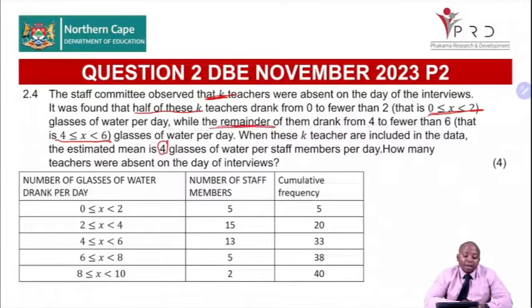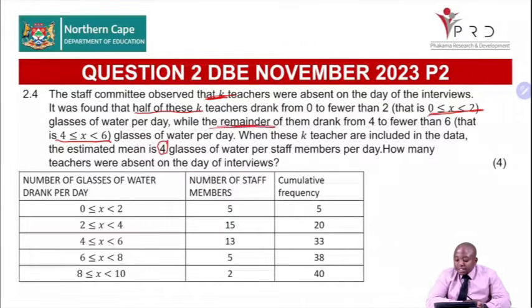Let us go back again. The staff committee observed that K teachers were absent on the day of the interviews. It is found that half of these K teachers drank from 0 to fewer than 2, that is 0 less than or equal to x less than 2 glasses of water per day, while the remainder of them drank from 4 to fewer than 6, that is 4 less than or equal to x less than 6 glasses of water per day.